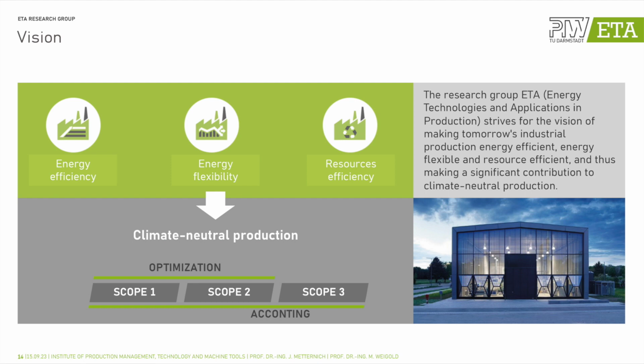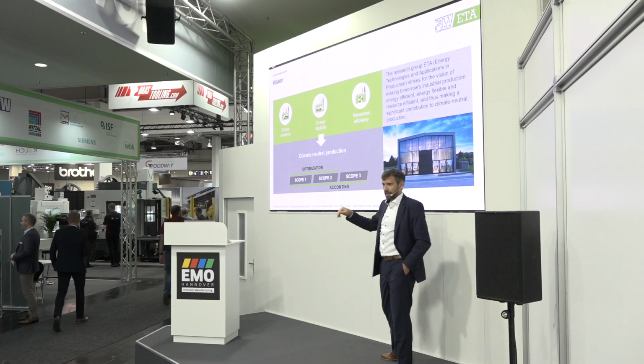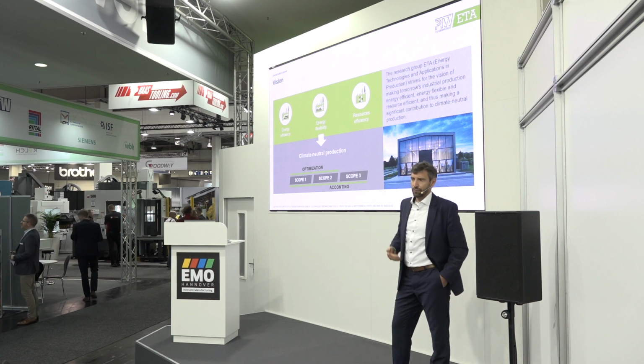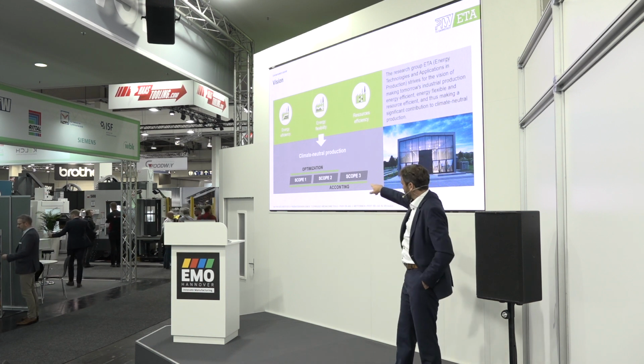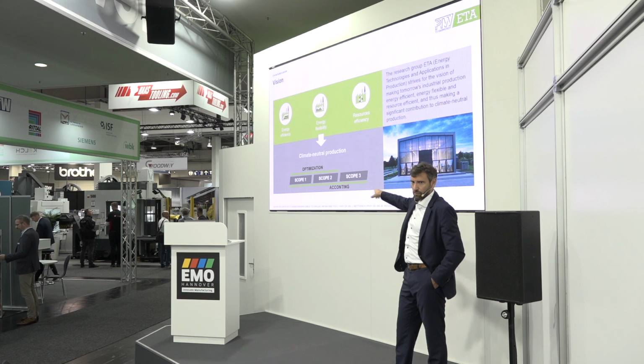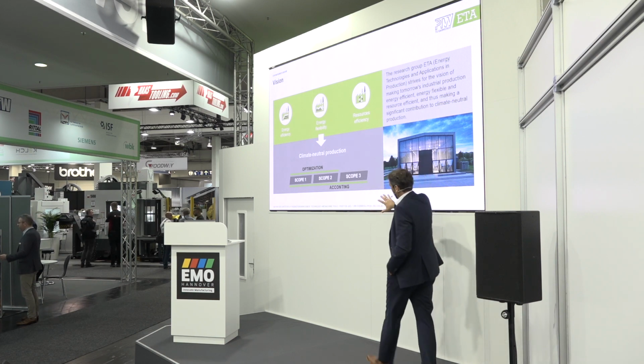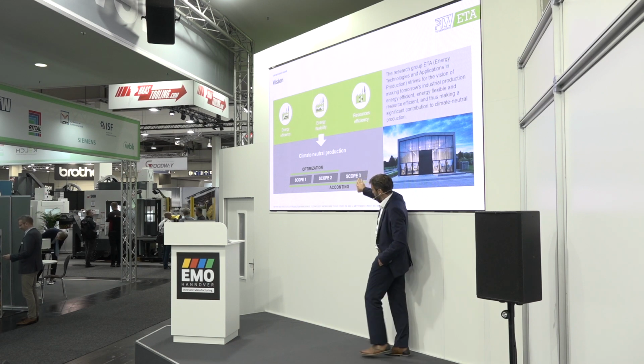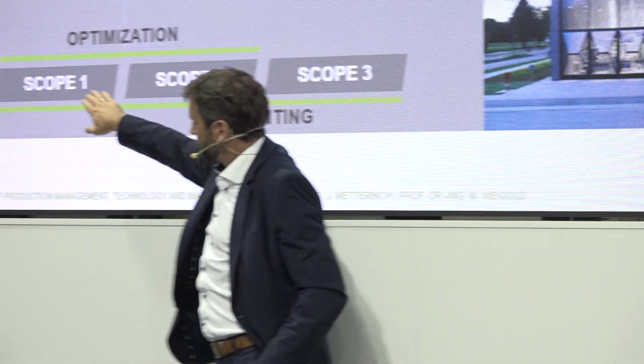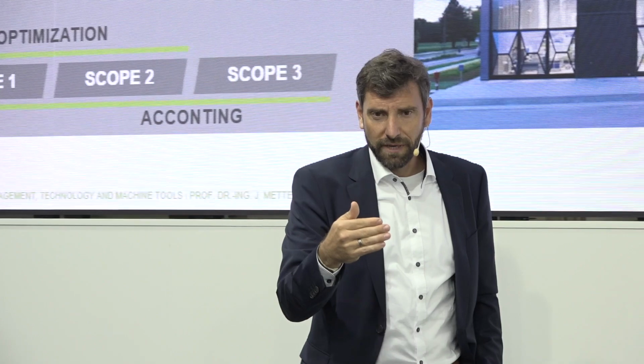Together with industrial partners, we show how the accounting can be done with less effort in a standard way through all three scope items, to upstream and downstream processes. And then, after reaching this level of accounting, we show how to optimize by minimization and by substitution.